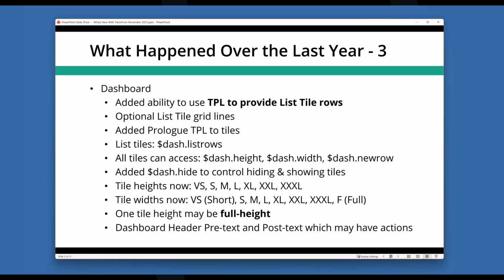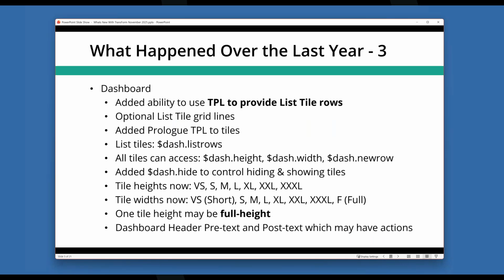I'm going to show you most of this stuff, but at the top of the dashboard, there's a header, and right now it had just user inputs where you could change various values to affect the way that the dashboard is operating.